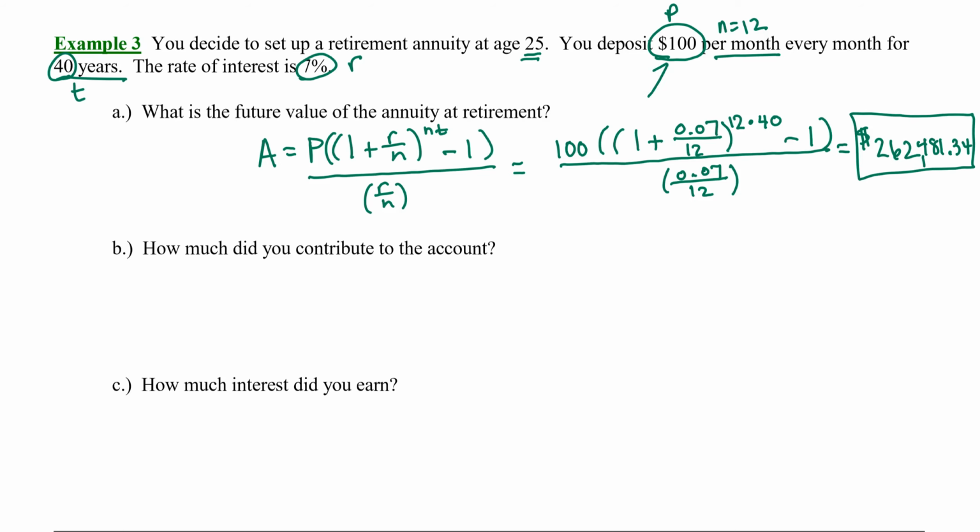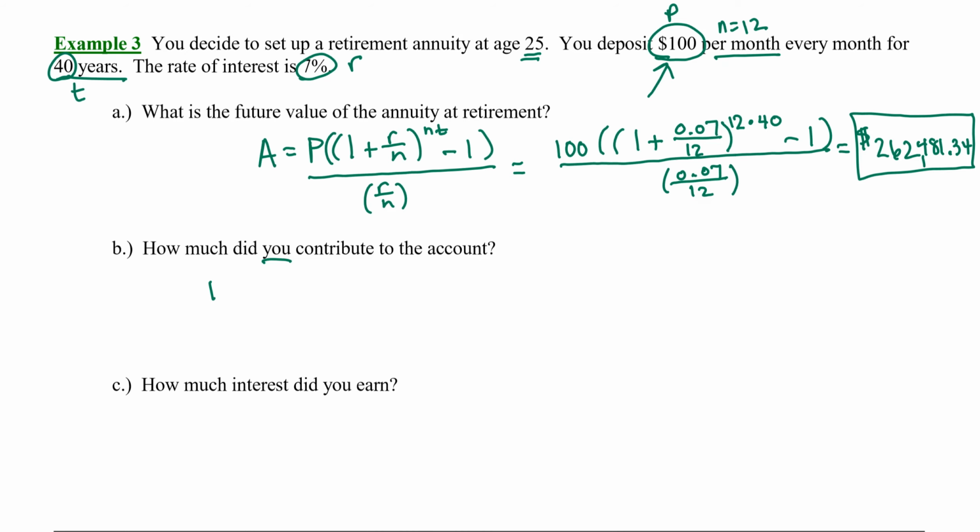This, by the way, is a very modest deposit, $100 a month every month for 40 years in an annuity that earns 7% compound interest. At the time of retirement, you will have over $250,000. Now, here's the interesting question. How much did you contribute to the account? Well, let's see.